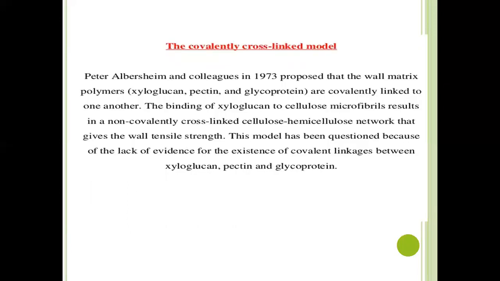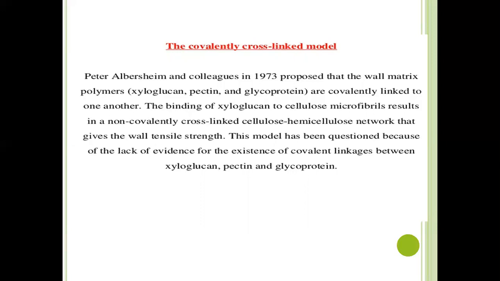The covalently cross-linked model: Keegstra, Albersheim, and colleagues in 1973 proposed that the wall matrix polymers, that is xyloglucan, pectin, and glycoprotein, are covalently linked to one another.